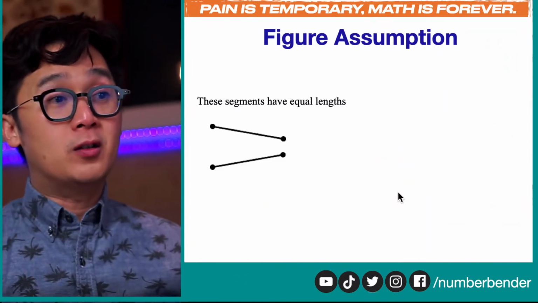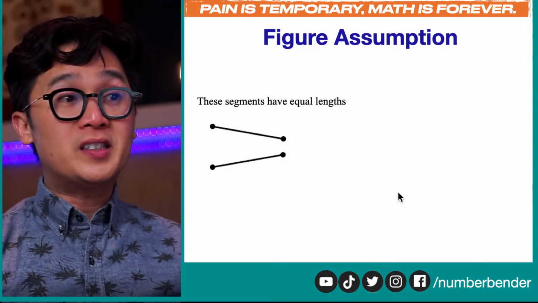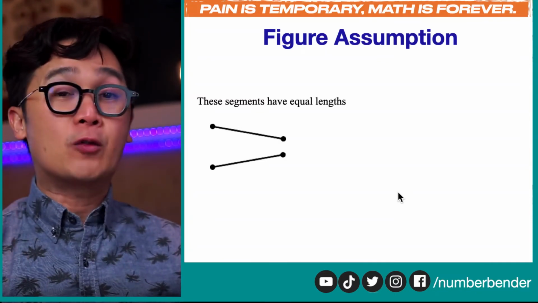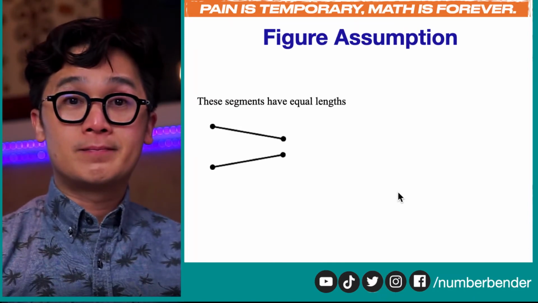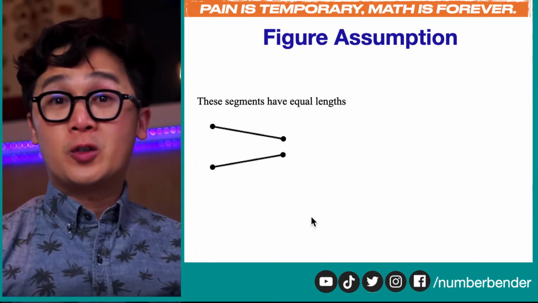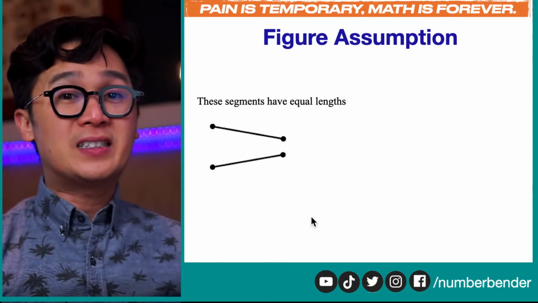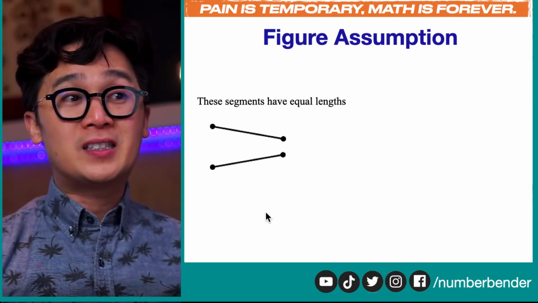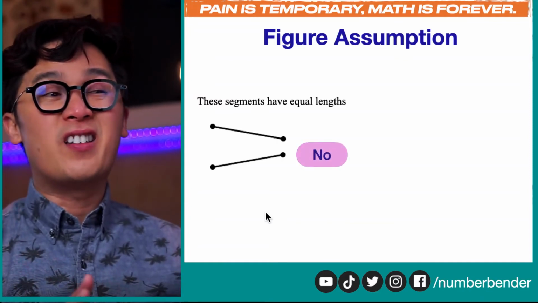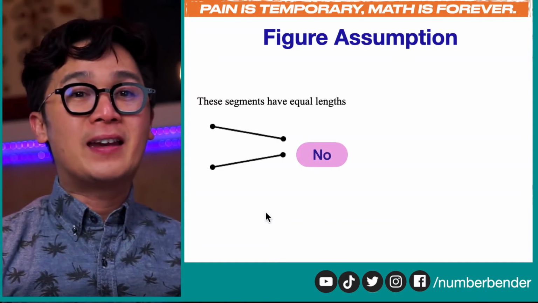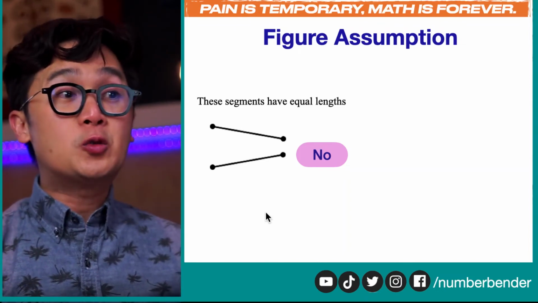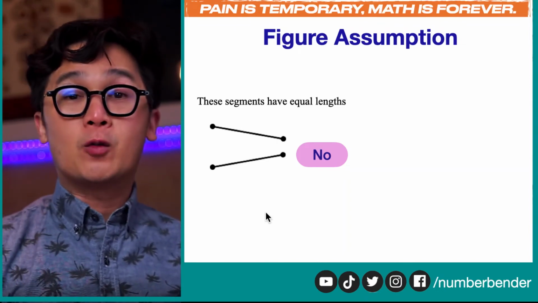Take another example with this statement. According to the assumption, these segments have equal lengths. And by just looking at the segments, without using a ruler, we really cannot tell if these two line segments have the same measurement. So no, we cannot make a conclusion that what we are seeing are two line segments with equal lengths.